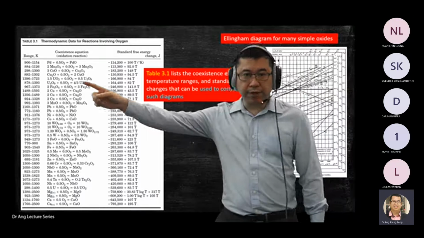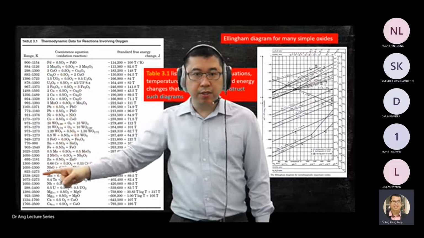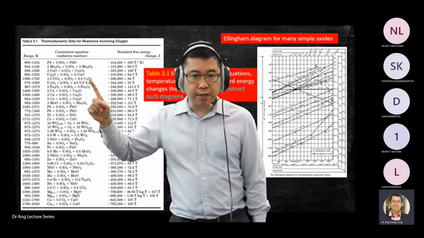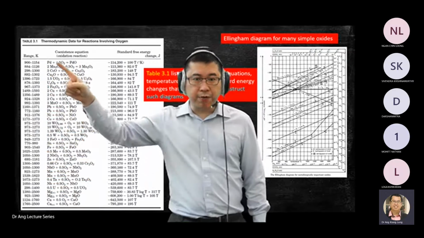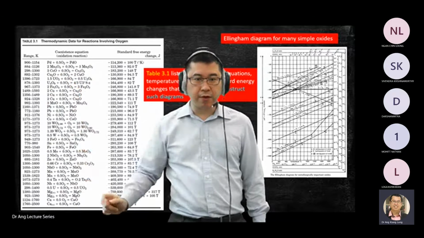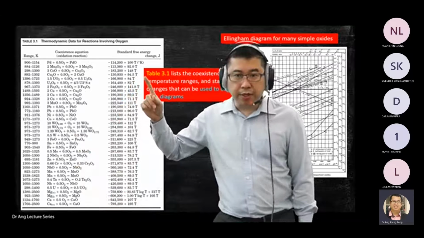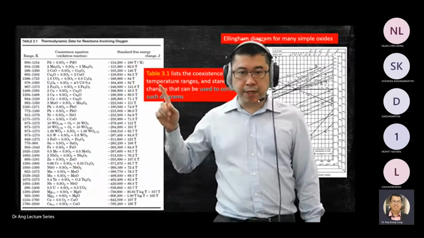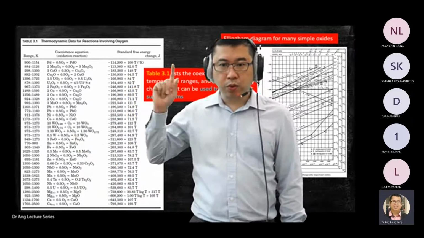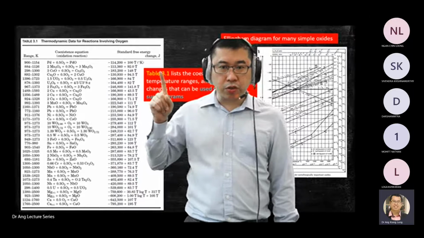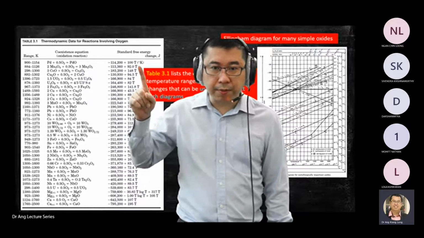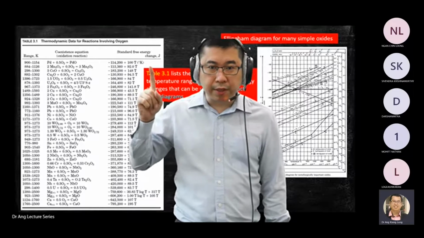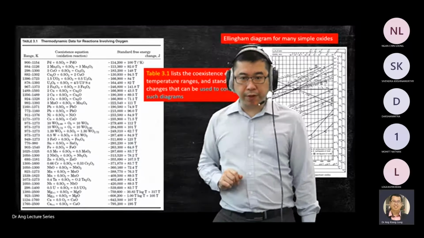The range here is the temperature range, and you have the process forming the oxide, and this one is the energy change in joules, with the temperature in Kelvin.